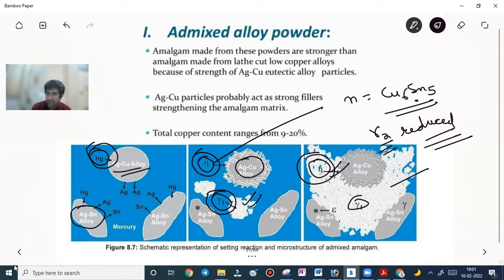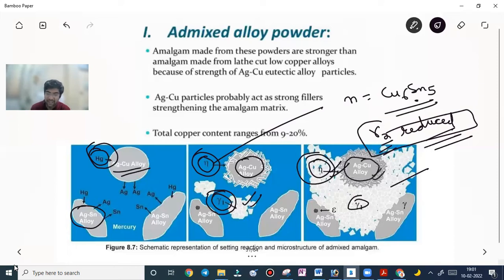In the set structure, the eta particles are present as a halo surrounding the silver copper alloy particles.